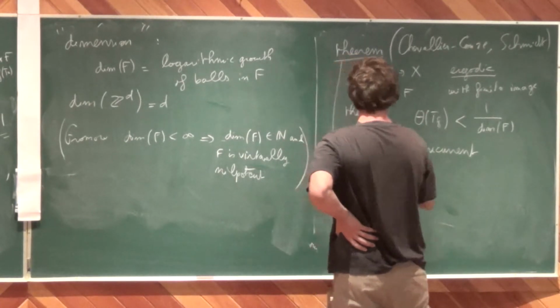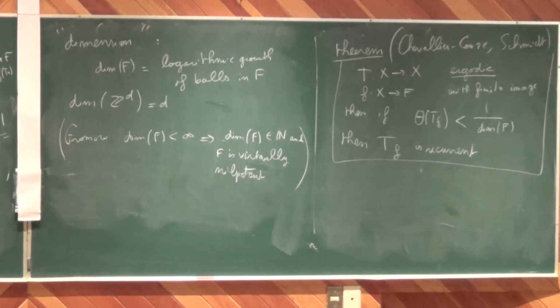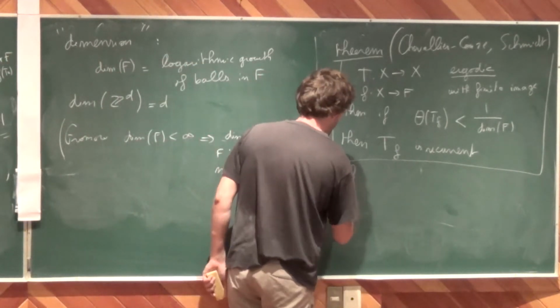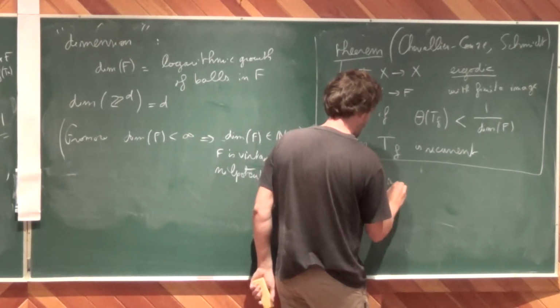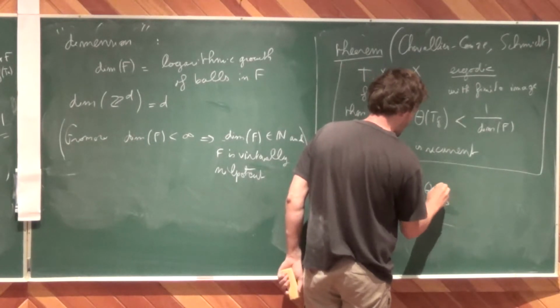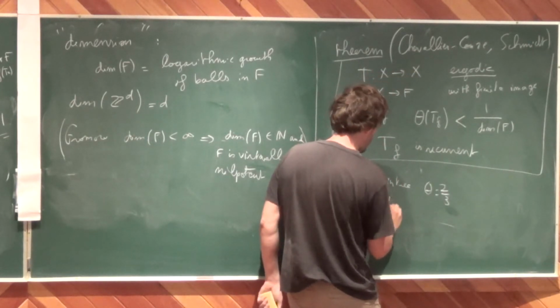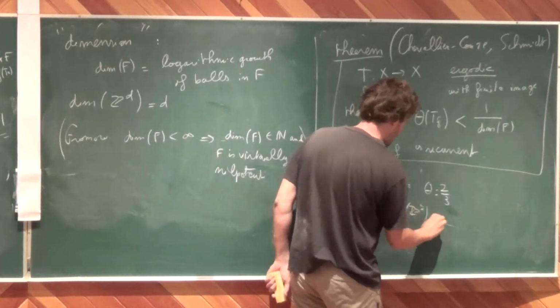And yes, I have 1 minute to make the proof. Just before making the proof, a comment. In the Wiener tree, theta is 2/3, and the dimension of Z^2 is 2.